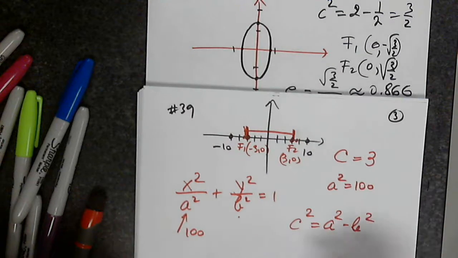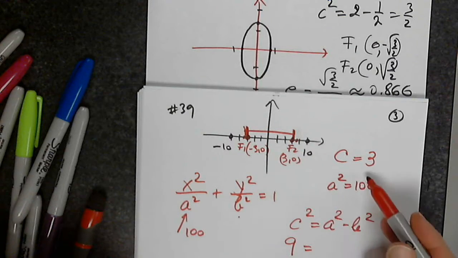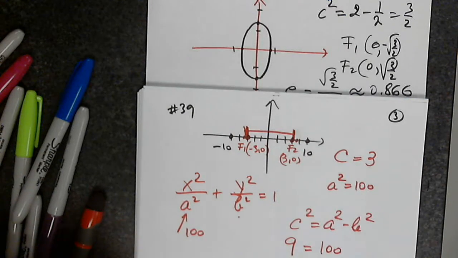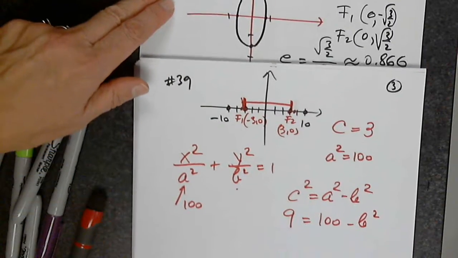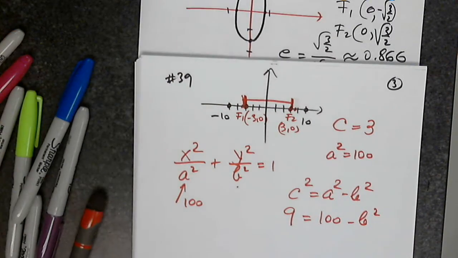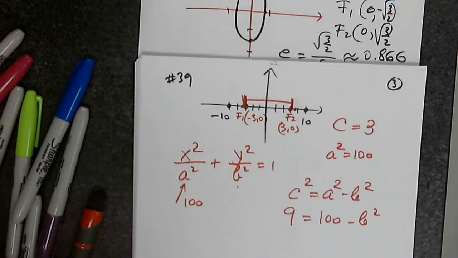So c squared is 9. A squared is 100. So minus b squared. Obviously, I will get a b that is negative, so I have to switch them around. Okay?